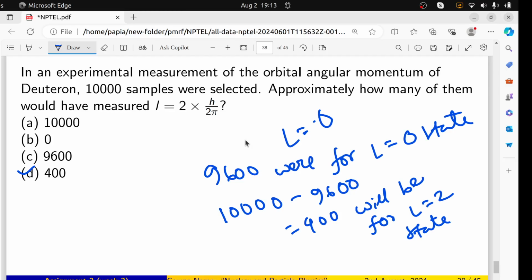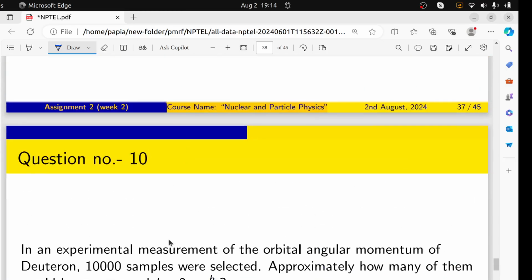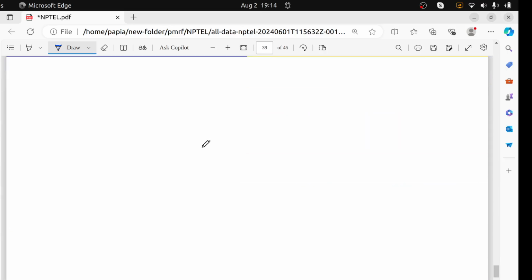Ma'am, I guess up to here it was fine, after that it got disconnected. So up to which portion I was disconnected, did you get the L equals to 0 samples, did you hear that question, that 10,000 samples were there and L equals to 2 or L equals to 0, how many samples will be there? Yes, ma'am. The middle part, we heard. Yes. Okay, fine.